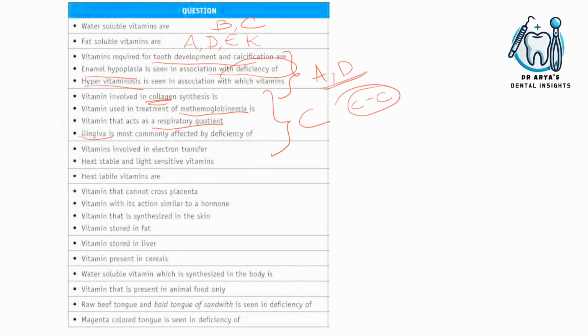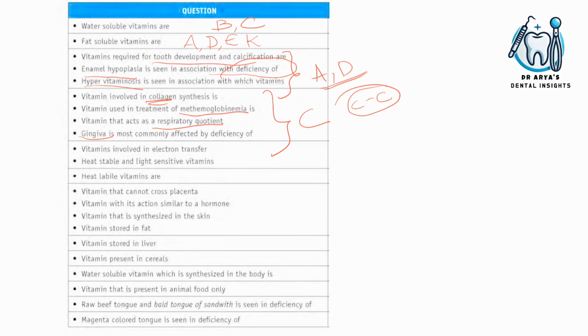You remember this question: vitamin involved in collagen synthesis, that is C for C. Then for treatment of methemoglobinemia, then respiratory quotient, and the gingiva, which is most commonly affected by the deficiency of vitamin C.